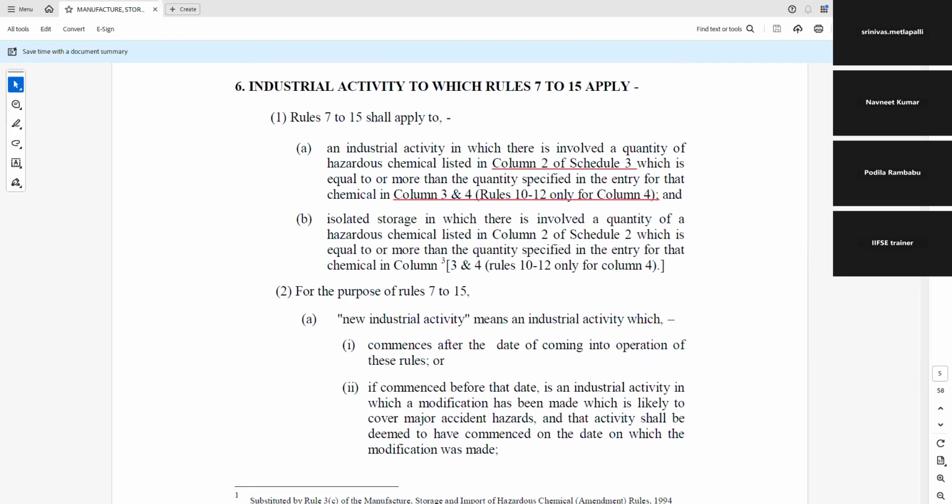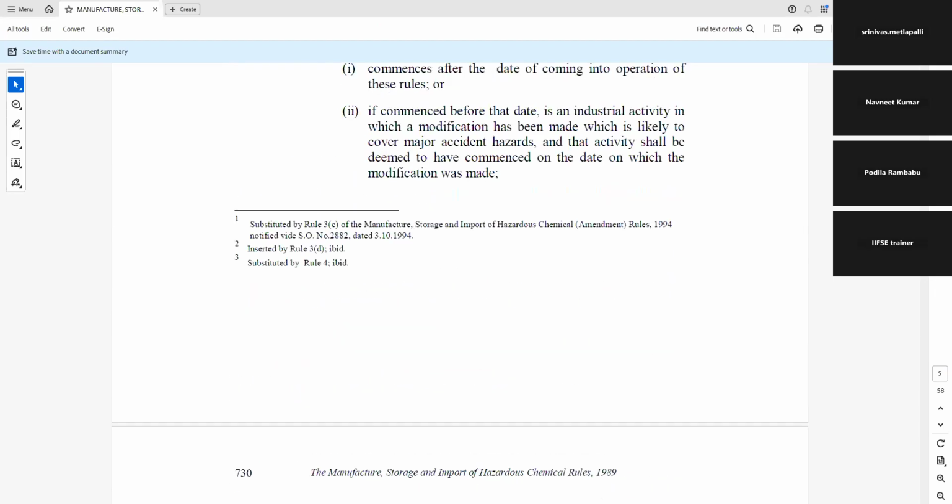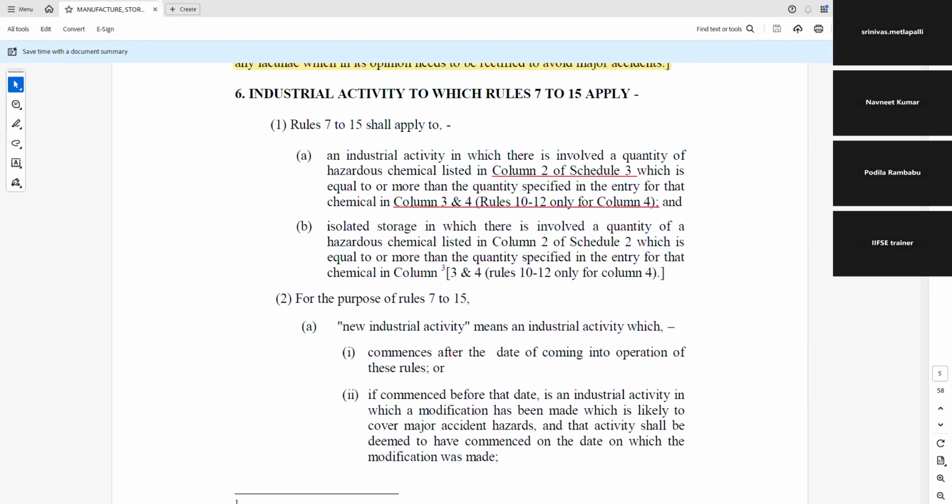So, industrial activities to which rules 7 to 15 are applicable. There are rules following these rules. Which rules, 7 to 15, are applicable for which kind of operations? Here we have any industrial activity in which column 2 of Schedule 3 and also columns 3 and 4 apply; for column 4, only rules 10 to 12.